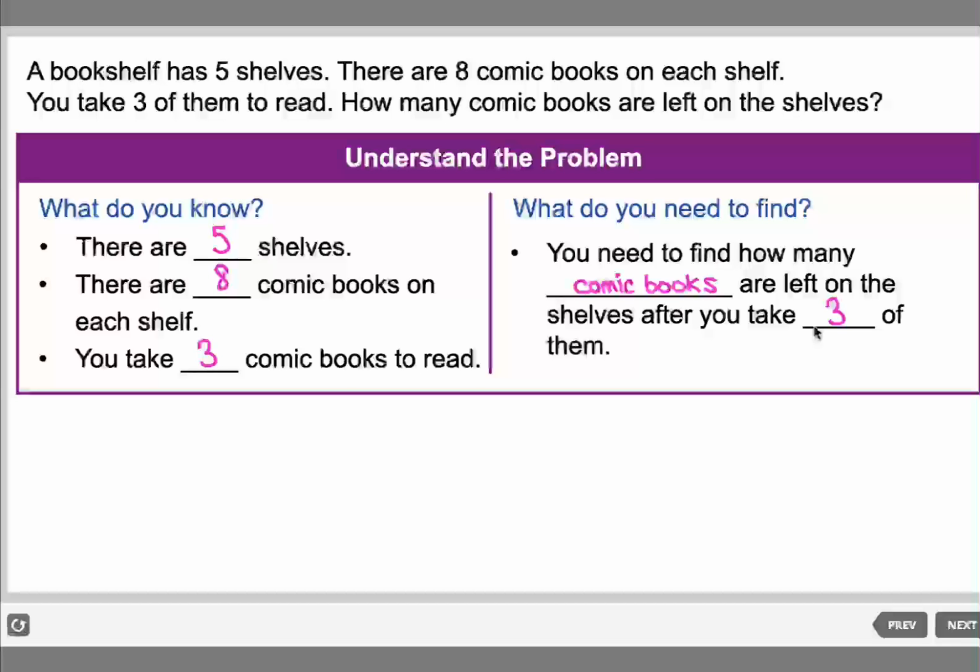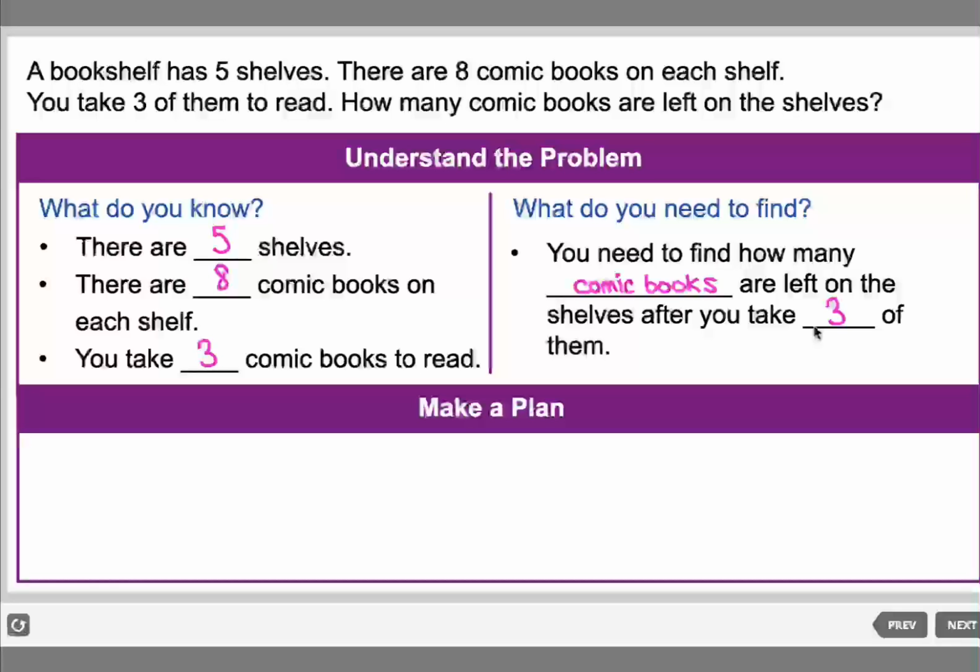Okay, we need now to make a plan. Let's make a plan and let's think. The first thing is, we should find how many books we have in all. So we will think how we can solve the problem. We are not solving, we are making a plan.